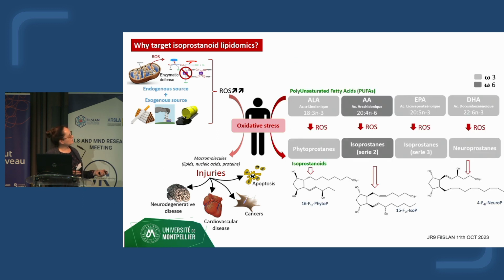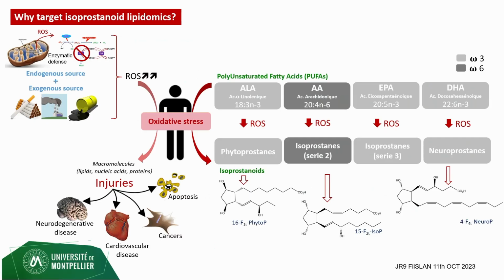If we focus on polyunsaturated fatty acids, the radical attack of this highly reactive species leads to the formation of a wide diversity of metabolites that we call isoprostanoids.